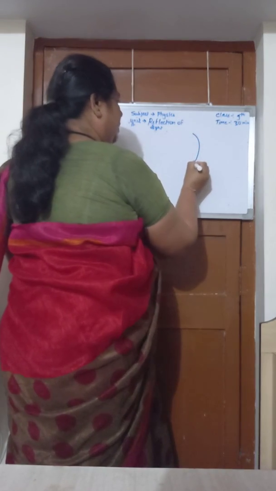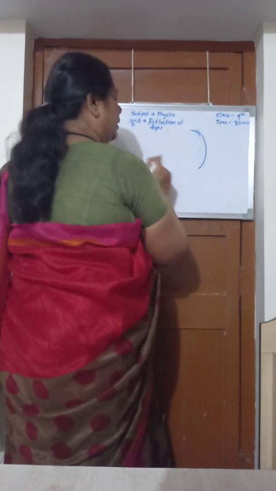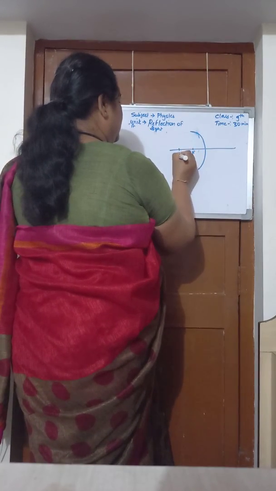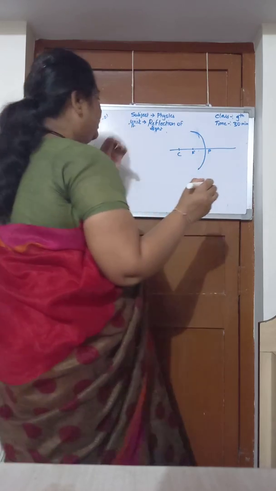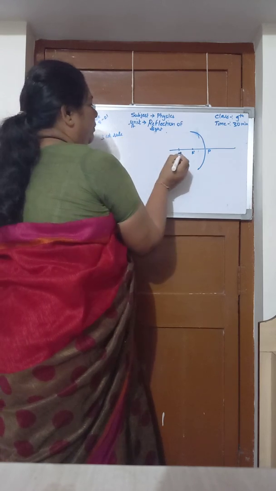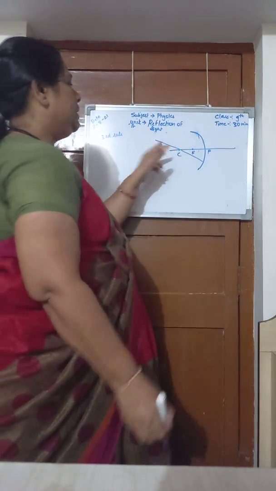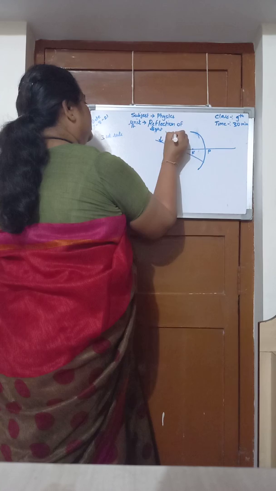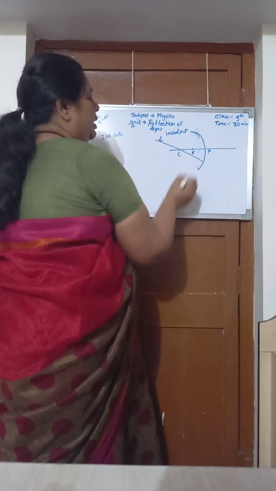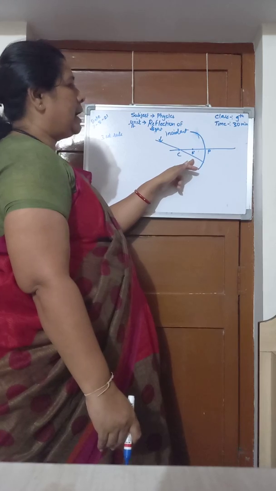This is the mirror. This is the spherical mirror. This is F, this is C and this is P. According to the third rule, when the incident ray passes through the center of curvature C, then the reflecting rays trace the same path back.